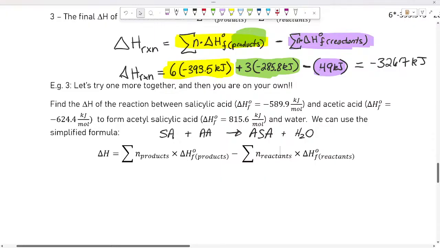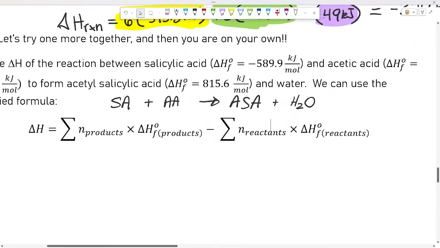Okay, I want this question done. 4 more minutes. For H2O, are we supposed to? Oh, yes, and you can use your table for that. I had to give it to you for the other ones because they're not on your table. But remember, you have a table of formation enthalpies in your notes, right? And we're going to assume that you've done this lab.